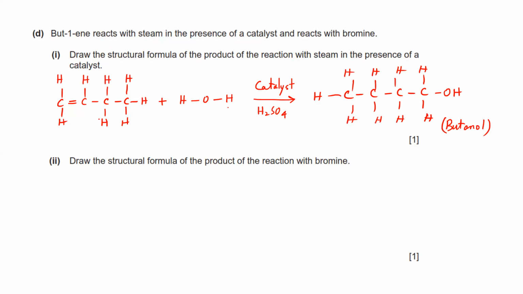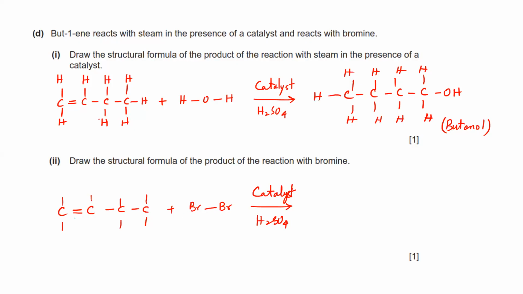Then again, draw the structural formula of the product of the reaction with bromine. So instead of water, you have bromine here. C double bond C, then you have Br, Br, with a catalyst, sulfuric acid. What happens here is pretty easy.